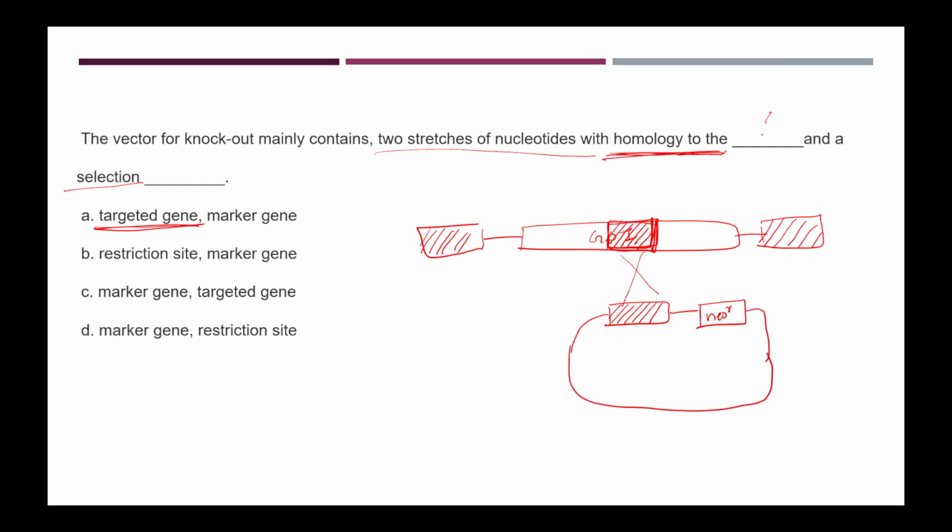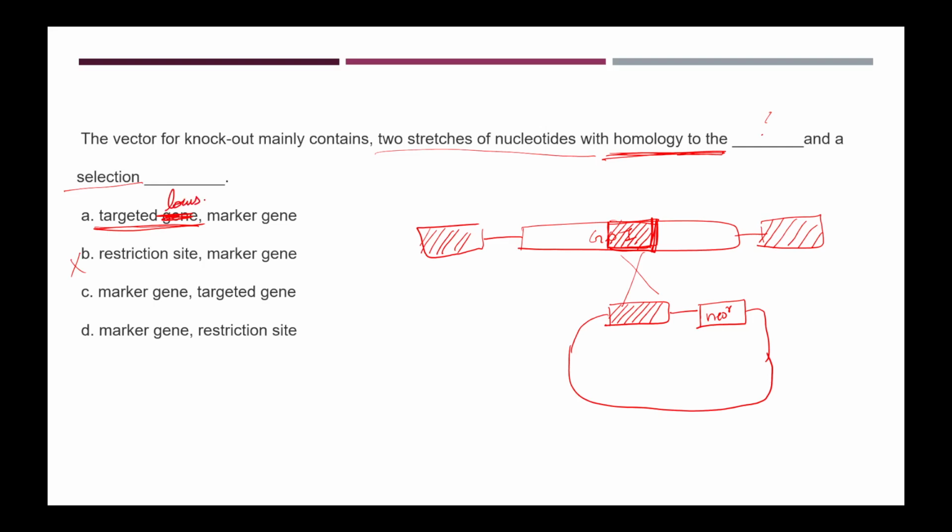So homology to the targeted gene or the targeted locus also you can say. Restriction site is not correct. Don't get confused with that. Restriction site is a completely different thing. That is digestion and fragmentation of DNA. Targeted locus or targeted gene you can say, but the better word is targeted locus.